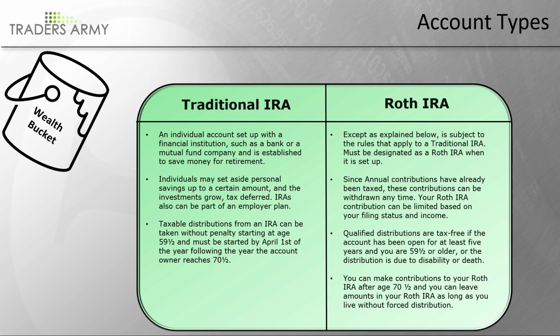But both IRAs, whether traditional or Roth, have that 59.5 age, when you can start taking money out, and you've got to start taking distributions at 70.5. At 70.5, you have to start taking distributions from that traditional IRA because the government wants to make sure that they get their money, so that you pay the taxes on that account at some point.